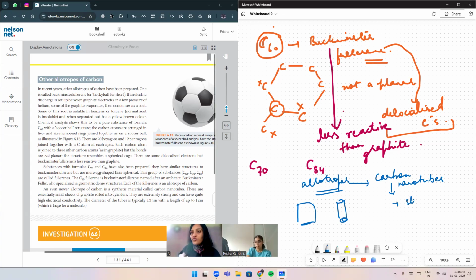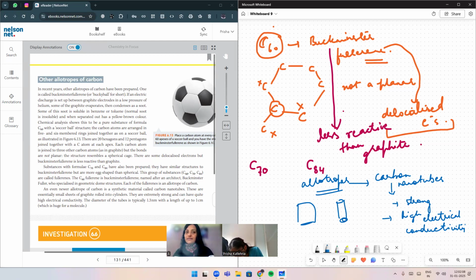First, they are very strong, right? Second, very high electrical conductivity, right? The diameter is typically around 1.3 nanometers with a length of up to 1 centimeter. So if we talk about a molecule, that is quite big in size.